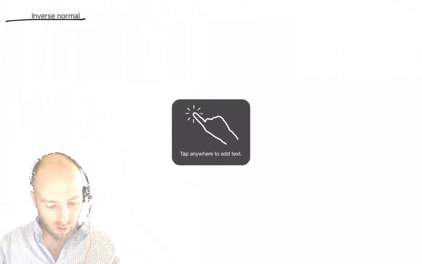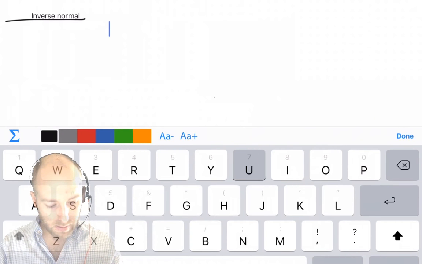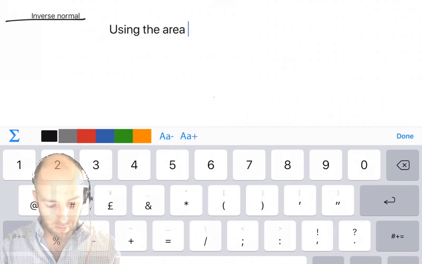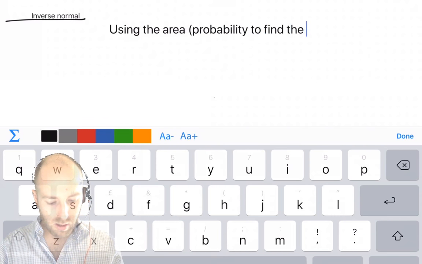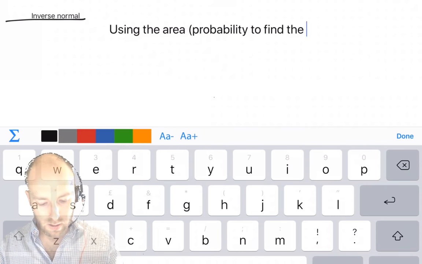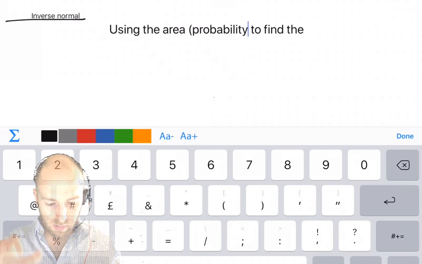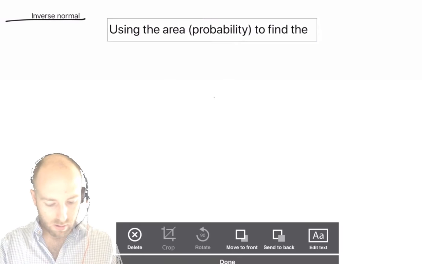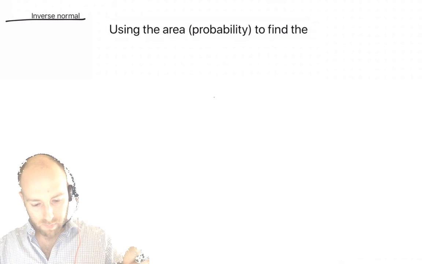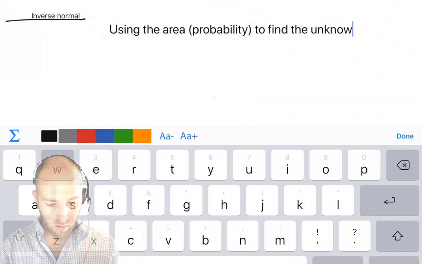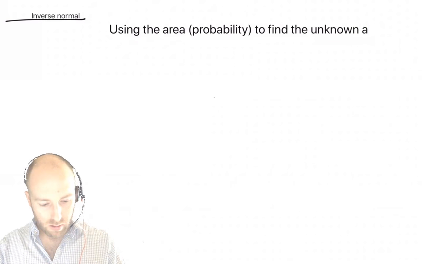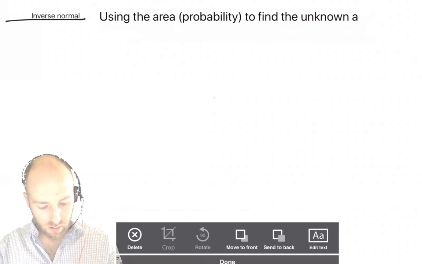So using the area, remember area's probability, to find the value.